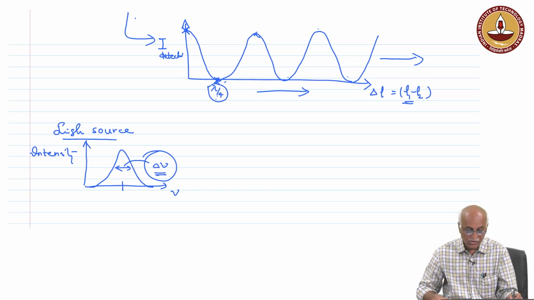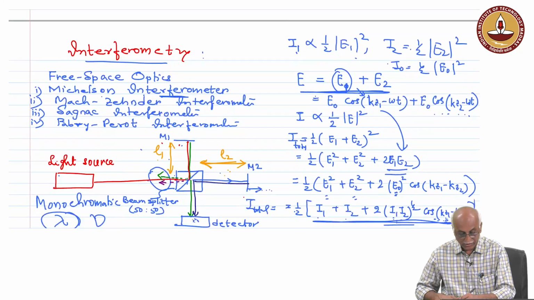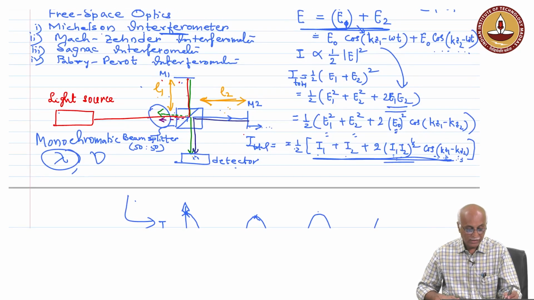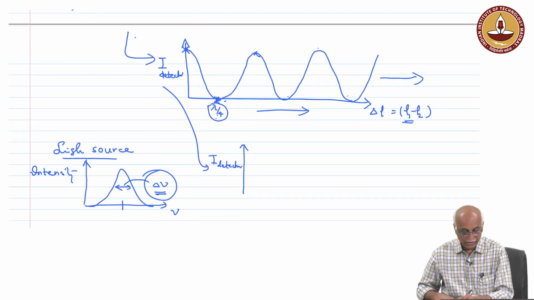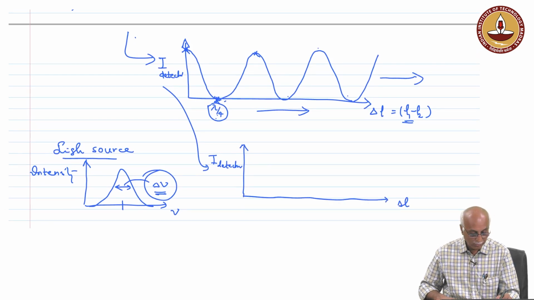So, what will we observe? Let us say this delta nu is very large. What will we observe in terms of the detector intensity? Where is the detector located? The detector is located over here, and it is observing the interference pattern intensity, and that detector intensity varies with this path length. When the path length is 0, we will observe maximum, of course.